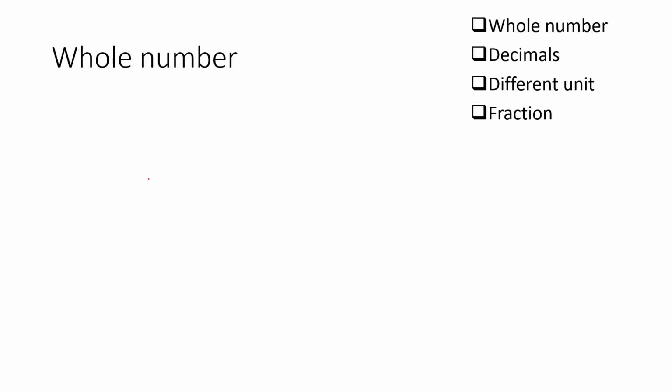So first, let us look at some examples that involve whole numbers. The key for whole numbers is actually very simple: use your calculator. Let us take, for example, 18 is to 27.